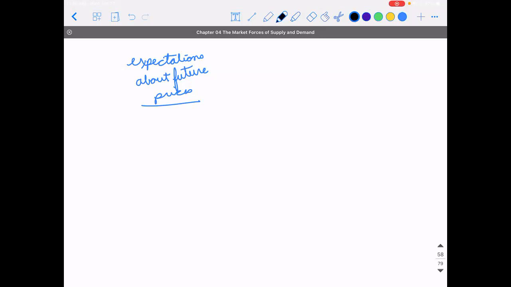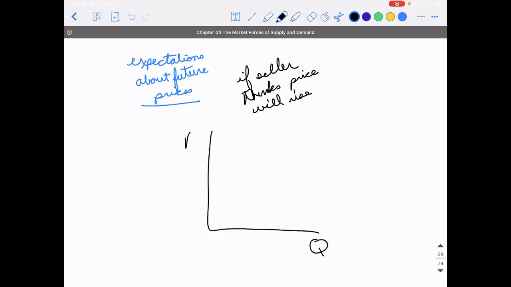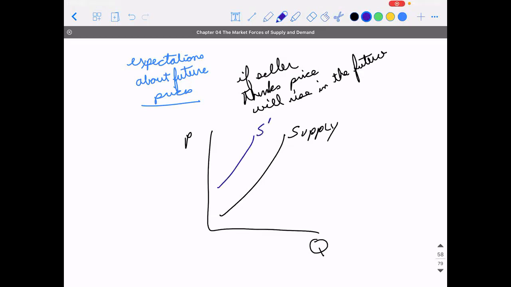So if the seller thinks that the price will rise in the future, then they're actually going to reduce their current supply.